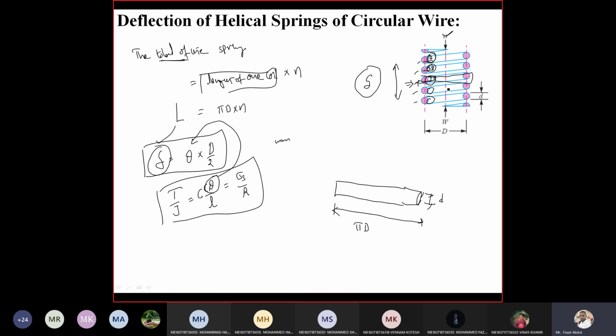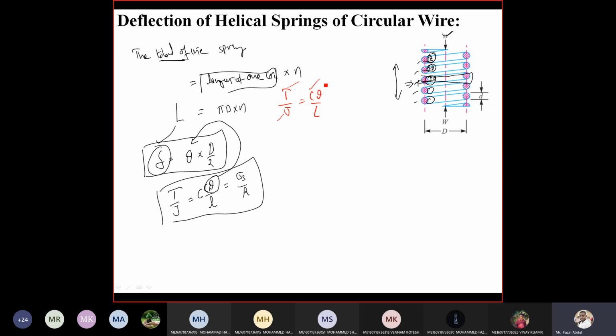Now from this relation, T by J equals C theta by L, where T is the torque, J is the polar moment of inertia, C is the modulus of rigidity, theta is the angle of twist, and L is the total length.